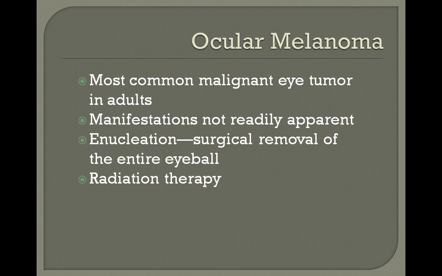And so with this type of cancer, it usually develops in children. The cancer generally affects children under the age of 6. It's most commonly diagnosed in children age 1 to 2.